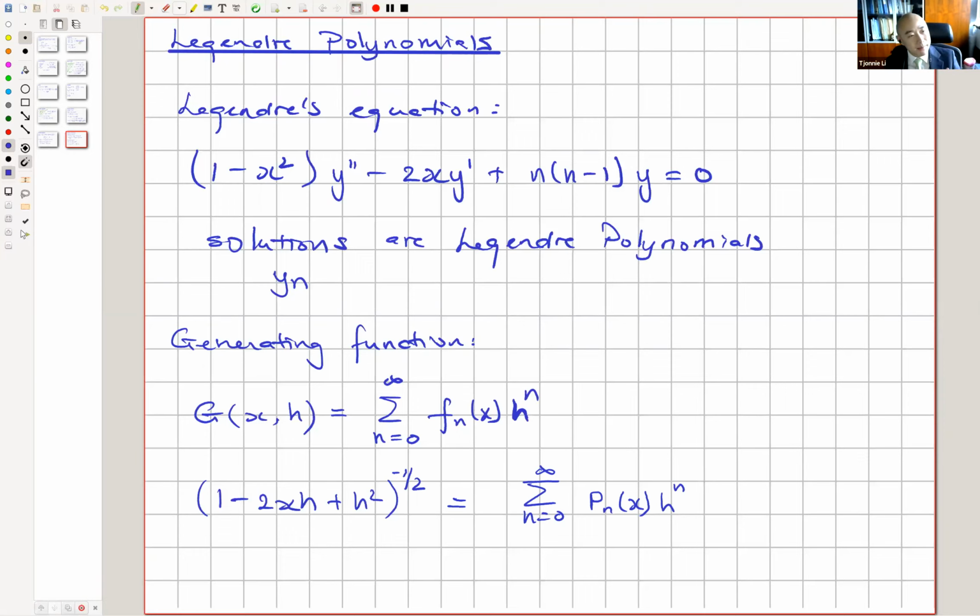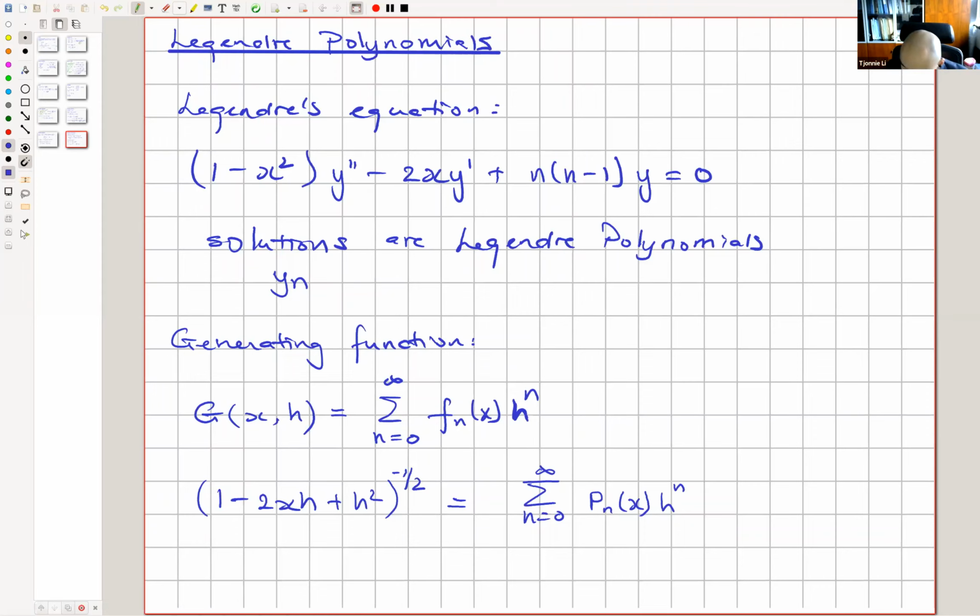Okay, so this is an example where this generating function g I can write in a closed form. And I can show that the left-hand side is equal to the thing on the right-hand side.